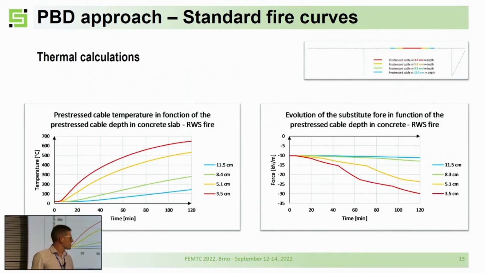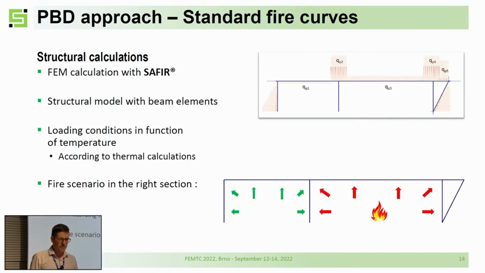So the first result, we have here the heating of the cable depending on the depth into the section. And on the right-hand side, you can see that we are losing a lot of kilonewtons in the section. So if you lose the prestressing forces, then your tunnel will begin to go down.